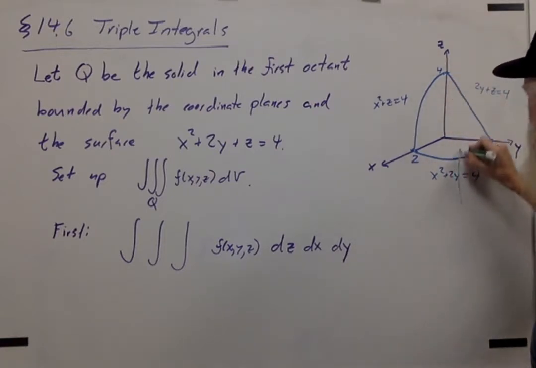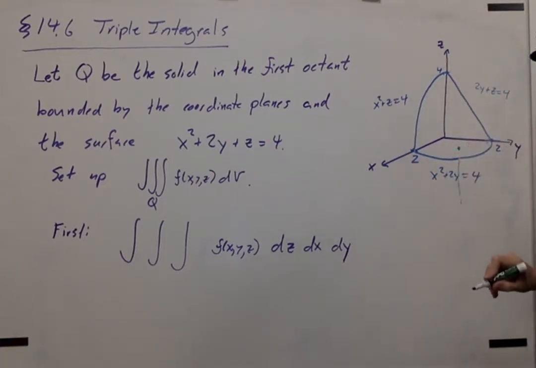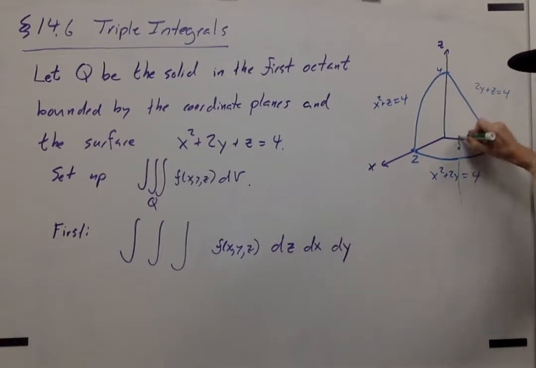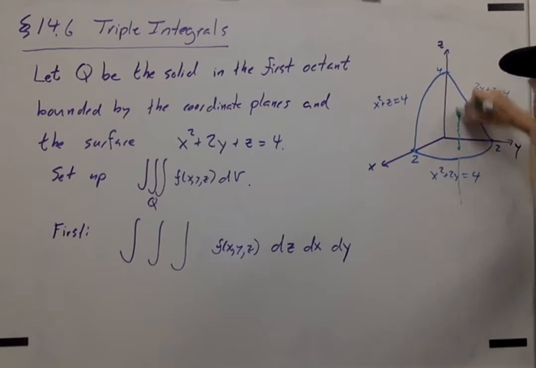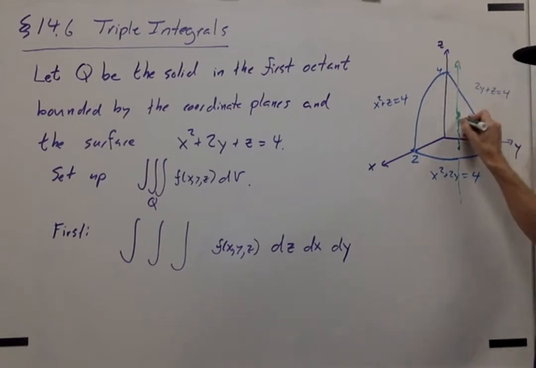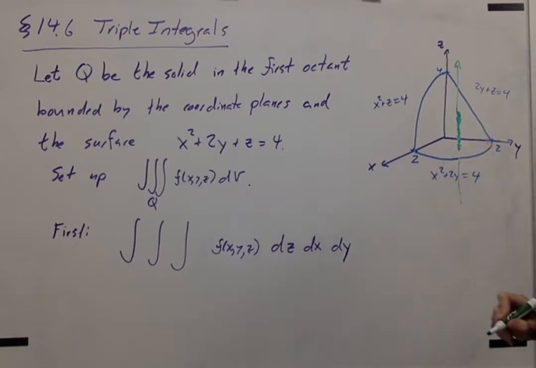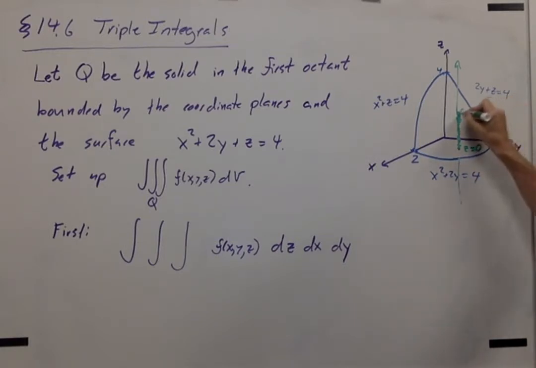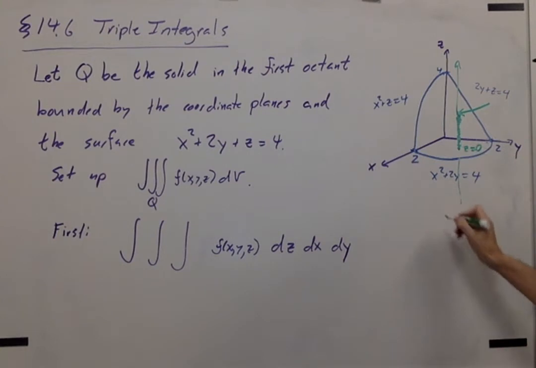Notice that it will enter here on the xy plane. It'll continue on the interior until it gets to that surface, and then it continues on the outside. So this part is on the interior. It enters on the xy plane, which of course is z equals 0, and it exits here on the surface.